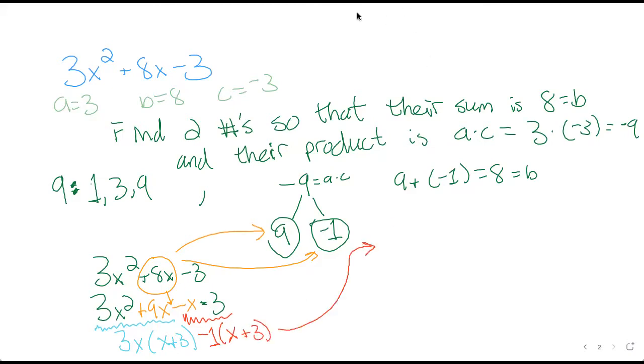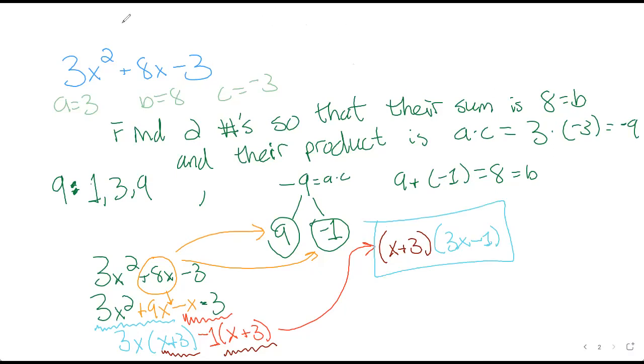We have an x plus 3 term in common, so we can factor out an x plus 3, and what we have left over is 3x minus 1. So the answer is x plus 3 times 3x minus 1, and that is how you factor trinomials.